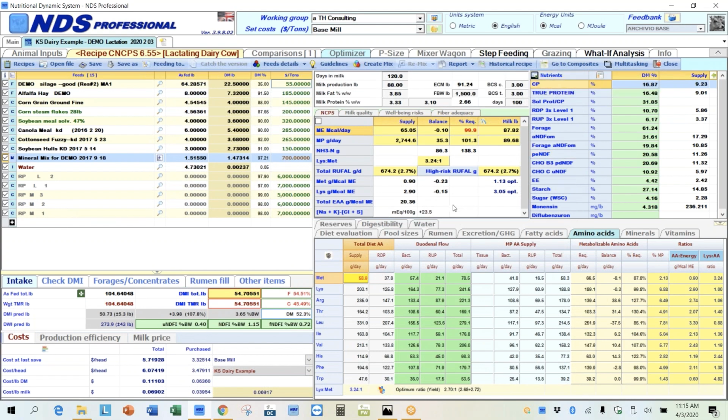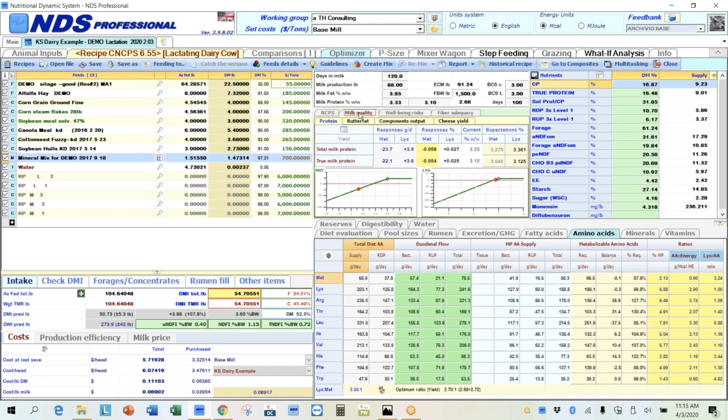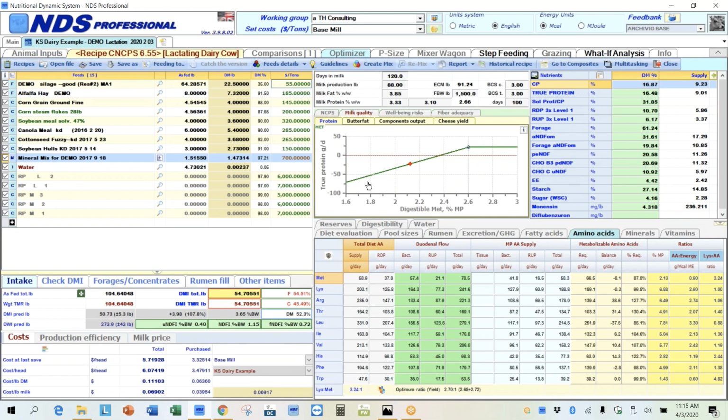So one easy way of looking at this is right through here. You can see our optimals: 1.13 on methionine and 3.05 on lysine. One of the little shortcuts in NDS is looking at the milk quality, and these are the hockey sticks or the breakover graphs that we've seen in the past, as far as looking at digestible methionine as a percent of MP.